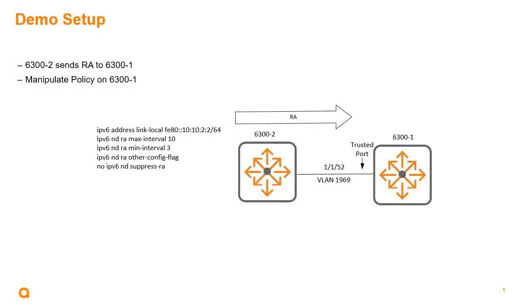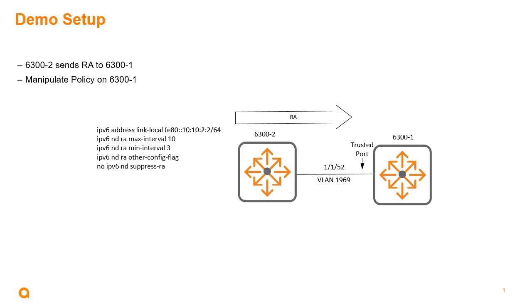Now let's discuss the demo that we're going to show next. Here we have a diagram of the demo. I have two 6300s, 6302 on the left, that's going to be sending our RAs, and we've got a configuration of a local link. We've increased the RA interval here so we get more RAs.